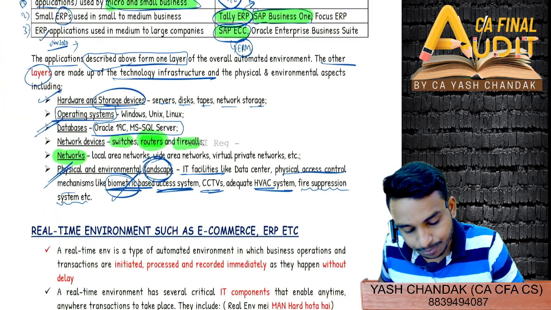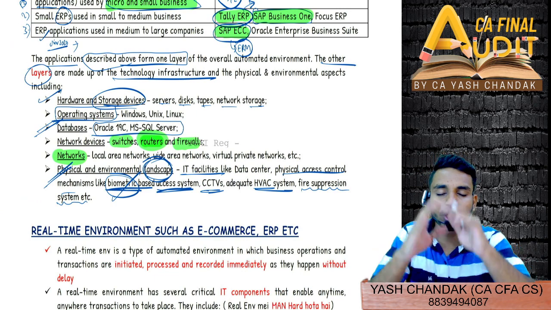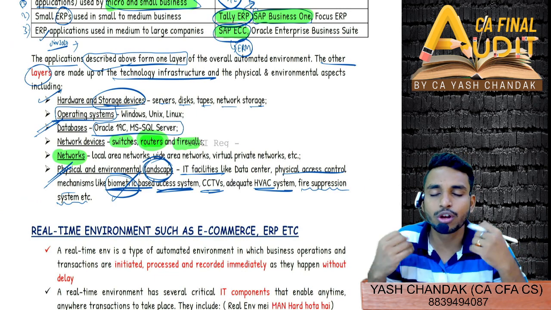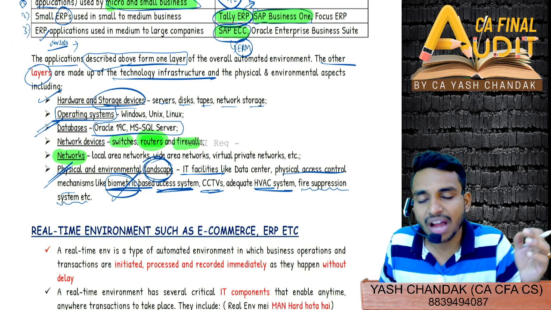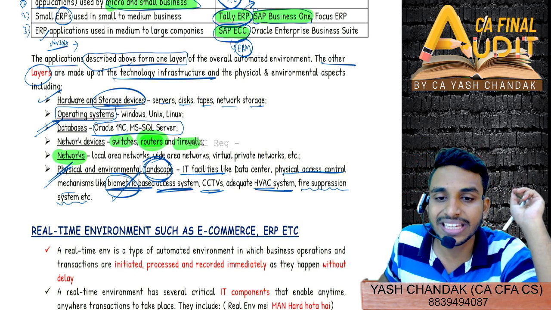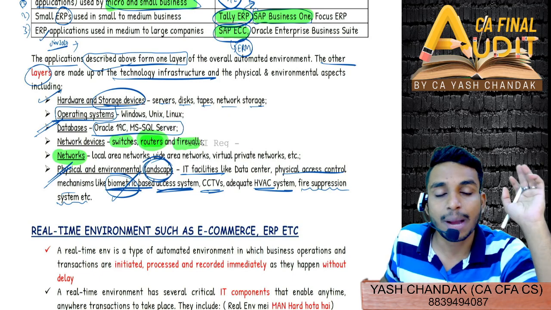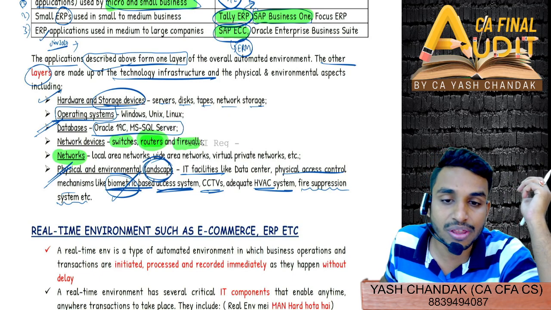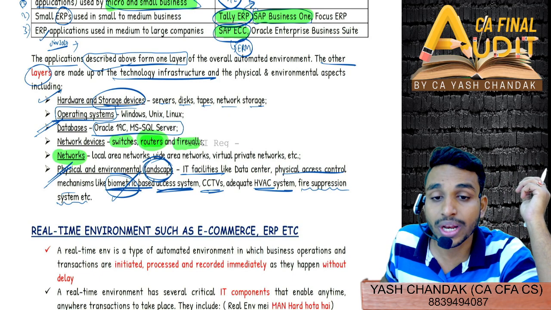So again we will go through all the points. First we need hardware. Inside the hardware we'll install the operating system, Windows. After installing Windows, we install application software like Tally, ERP, SAP Business One, and everything. Apart from that, we'll also install database software like MS SQL and Oracle 19c.